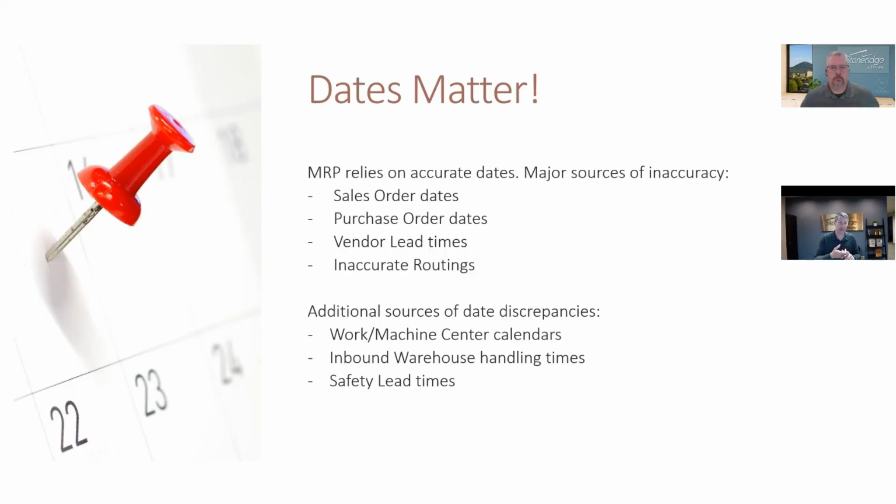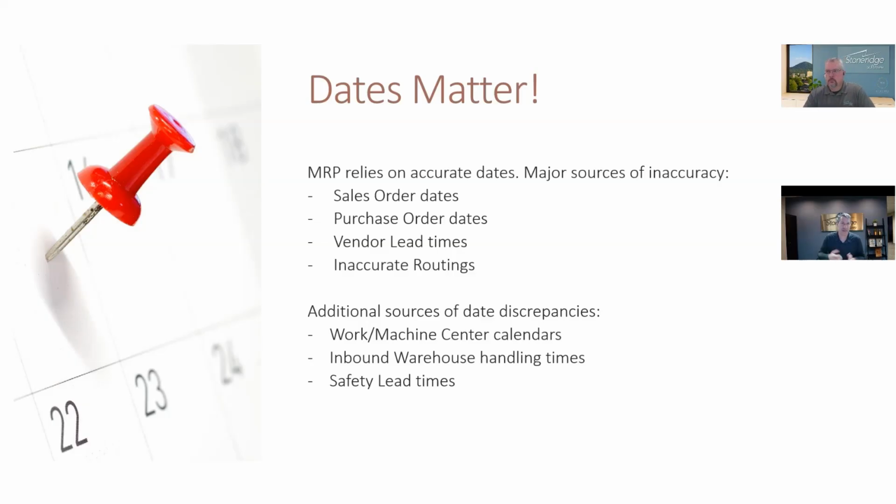That means accurate dates on sales orders, accurate dates on when we are expecting raw materials on your purchase orders. And there are some ways to buffer this. We understand that there's plenty of supply chain uncertainty right now, and I'll show you some tools in those replenishment parameters that Eric was talking about that can help us deal with that uncertainty. But ultimately, Business Central is going to work off of these production order dates.